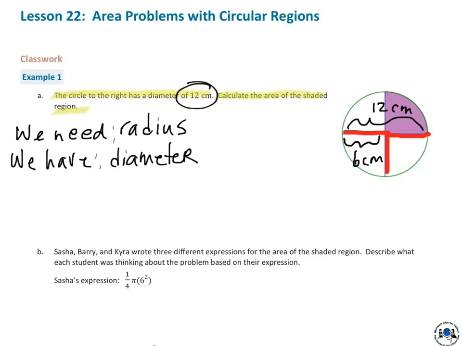The last one's kind of crooked, but all of those lines are equal, even these two I'm drawing here. All those lines of radius are equal, and we'll see how that comes into play later on in the lesson. But moving on, all we need is the area of a circle, which is pi times r squared, or radius squared.